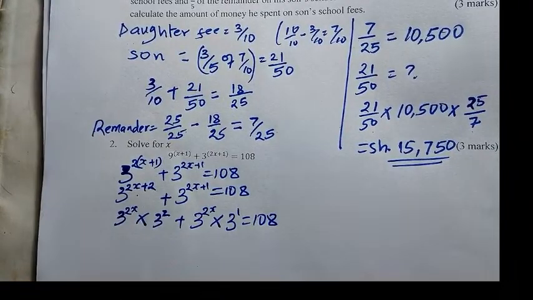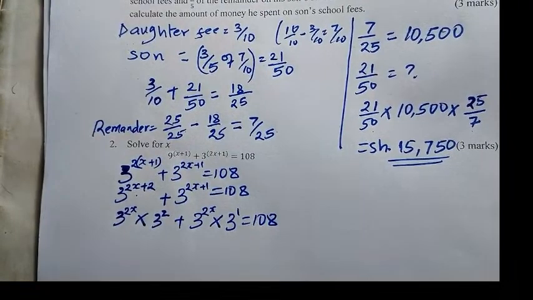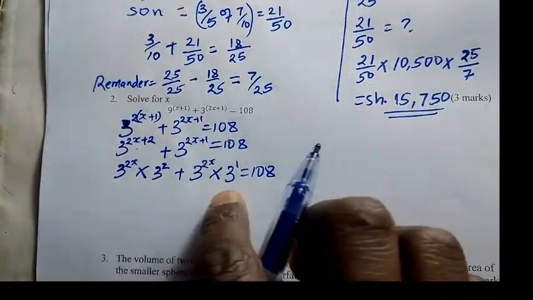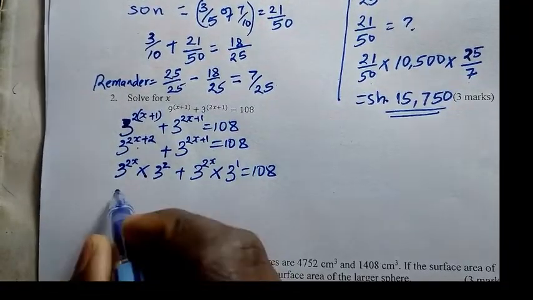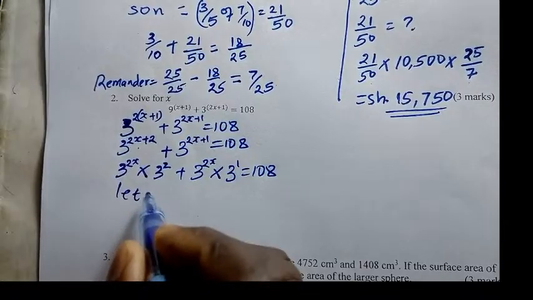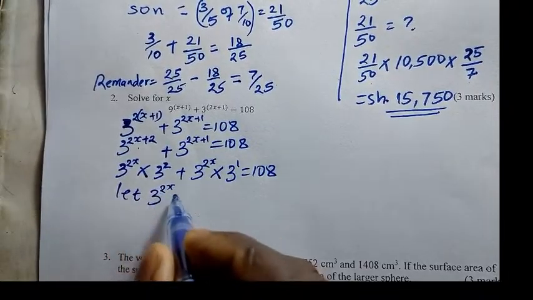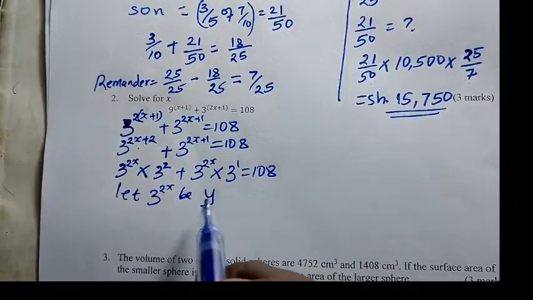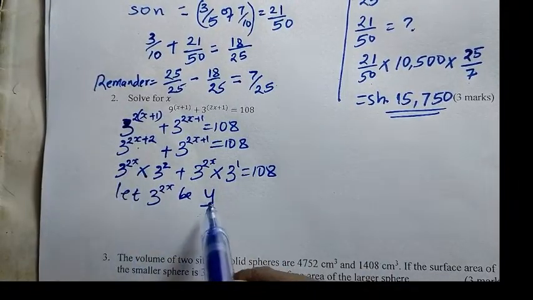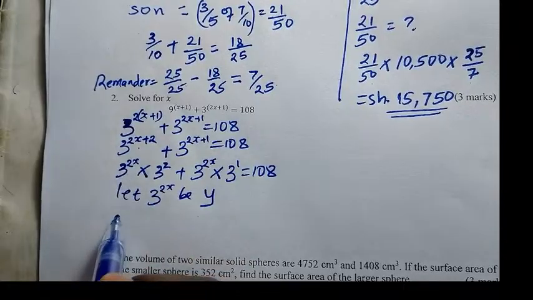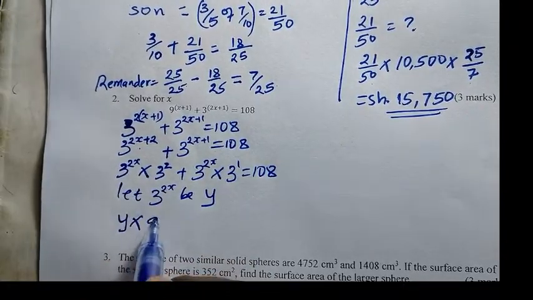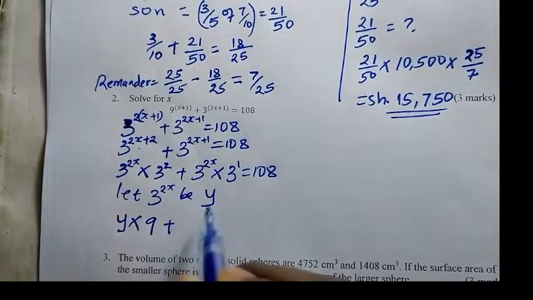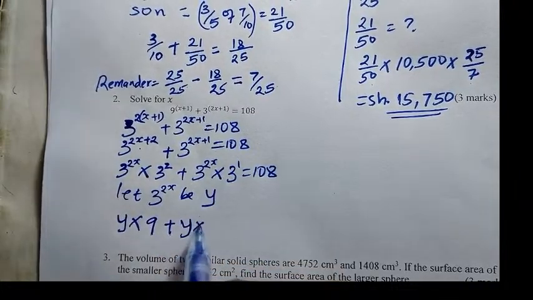So you should be aware of that. In terms of 3, that let 3 raised to power 2x be y. Kwa hivyo mahali popote ambapo kuna 3 raised to power 2x ndio weka y. So hapa itakuwa y times 9, because 3 square is 9, plus y times 3.